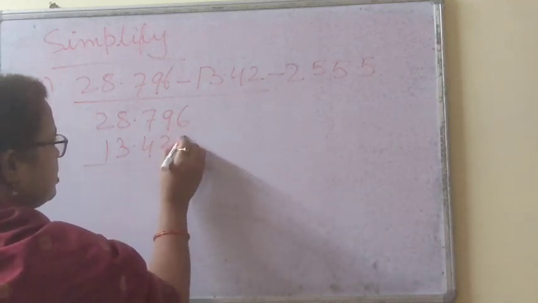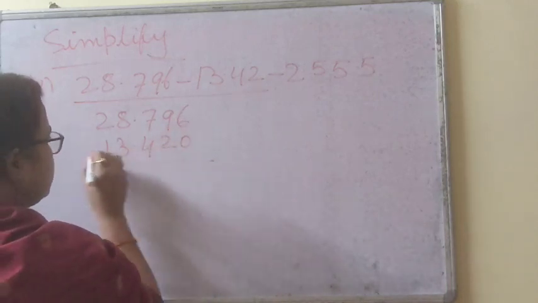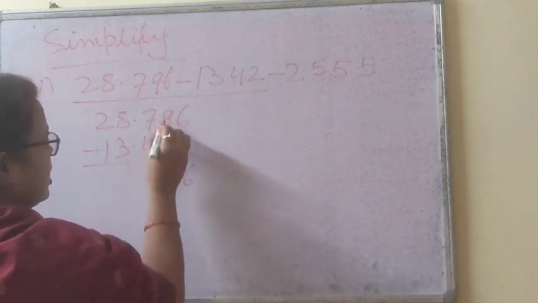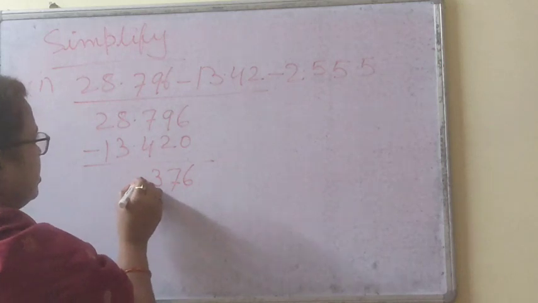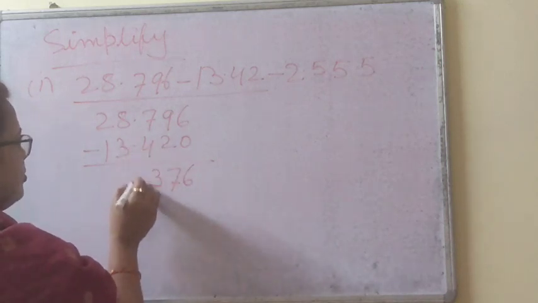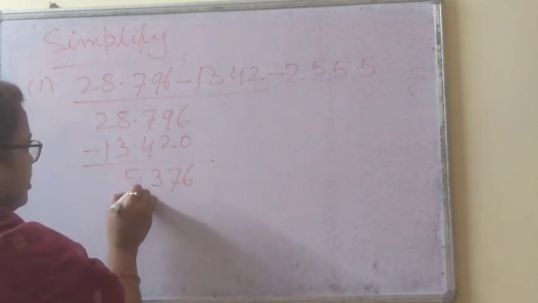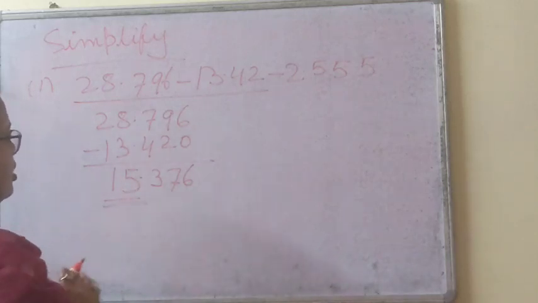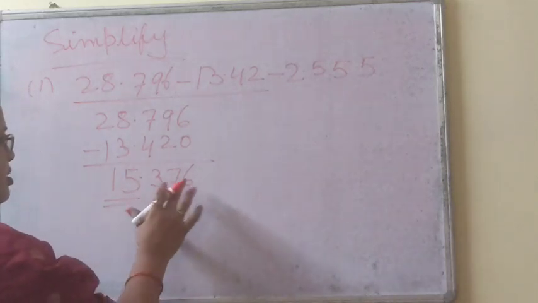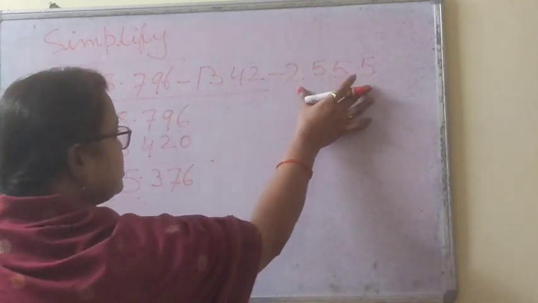Okay. So 6, here you can put 0. 6 minus 0, 6. 9 minus 2, 7. And 7 minus 4, 3. Then again, decimal point you copy down. 8 minus 3, 5. 2 minus 1, 1. Okay, so the answer will be what? 15.376.